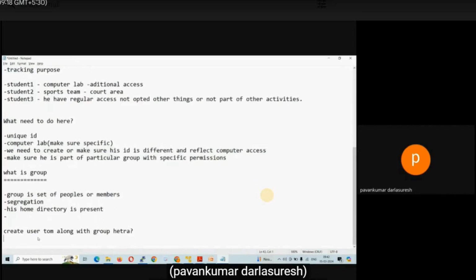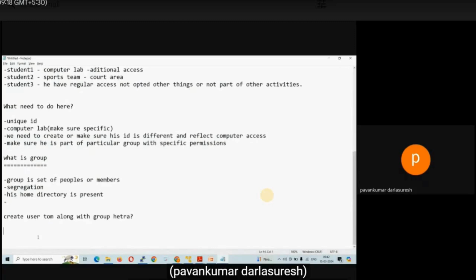This is usually the request you will get. Once you get a request for a user, especially in administration, we need to be more vocal and ask more questions. First, by seeing this line, what questions will you ask? He created one ticket: hi Ram, can you please create one user for this group? That's it.